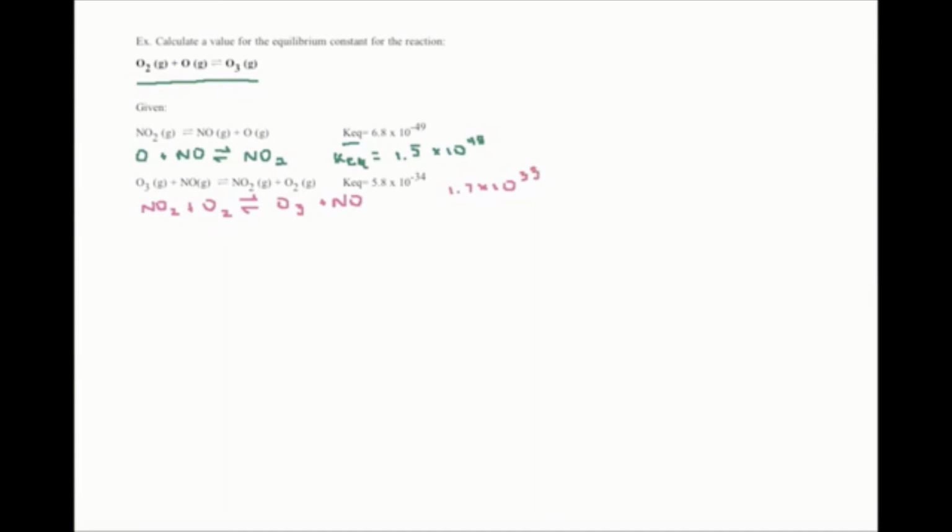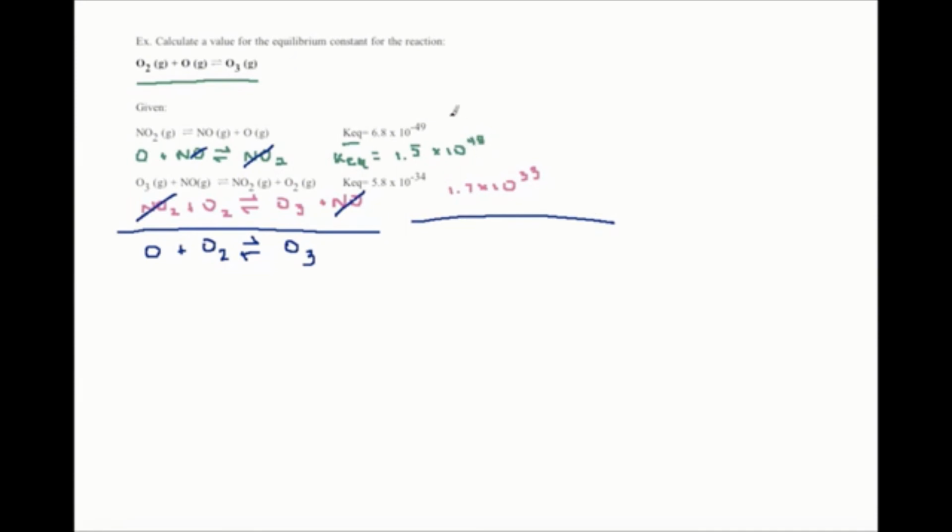Now I'm going to sum these reactions together to make sure that I don't need to do anything else to my equilibrium constants. My nitrogen monoxides cancel out because they're on opposite sides, my nitrogen dioxides cancel out, and what I'm left with is simply oxygen reacting with O2 to make O3. So that's the reaction that I was interested in.